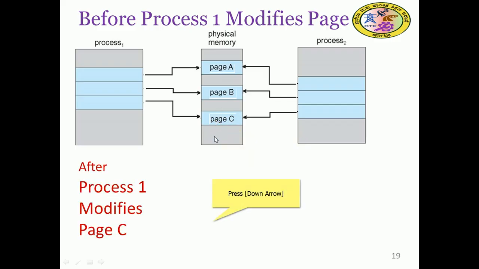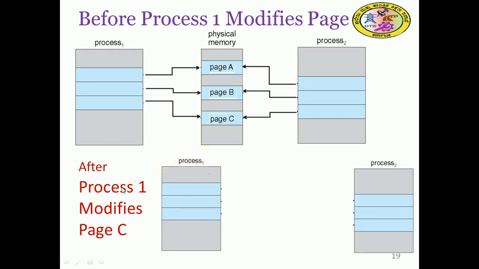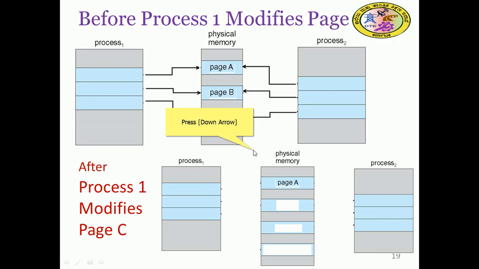Let's see the same example after process 1 modifies page C. Page A is shared by both, page B is shared by both, but page C is not shared: process 1 modifies it, process 2 does not, so process 1 gets its own copy of page C. Only that copy of page C is made, not the entire address space.